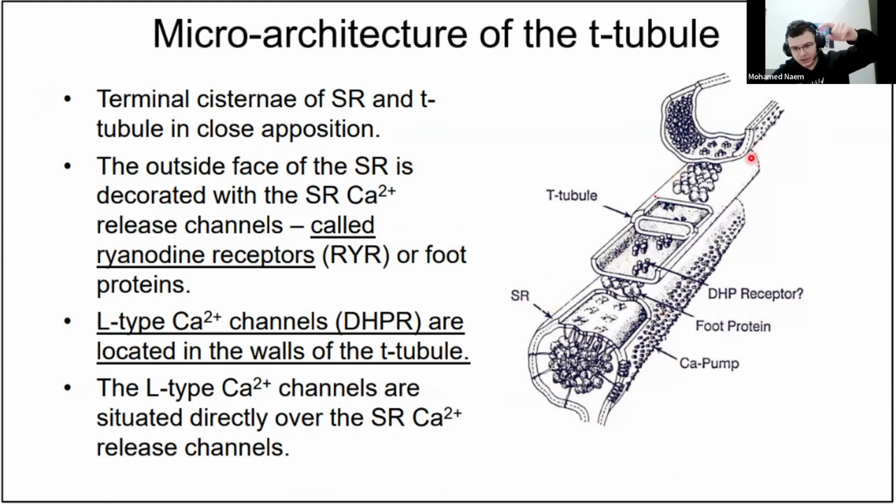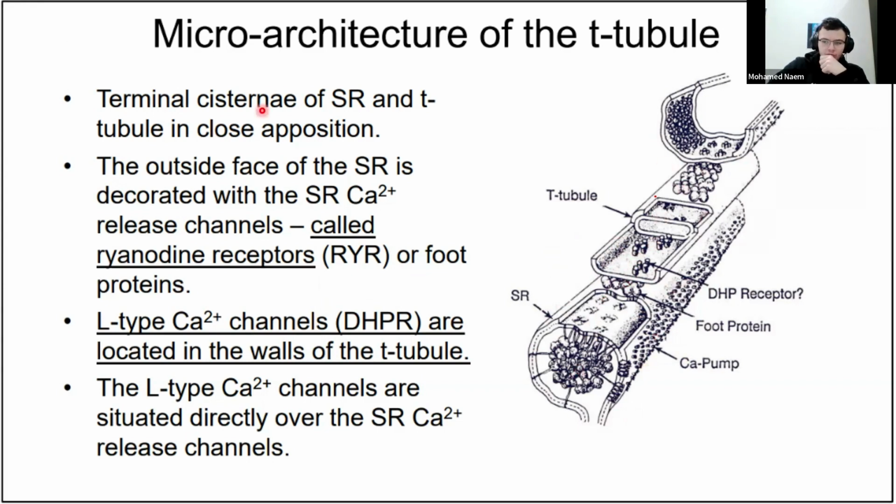So again, the action potential comes inside the T-tubule. The T-tubule has the DHP receptors. When the action potential acts on them, the DHP receptors open their L-type calcium channels, and the calcium is going to get inside the cell. So this is for the T-tubule part.